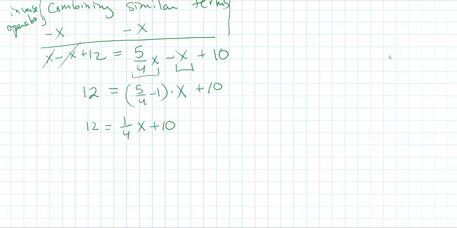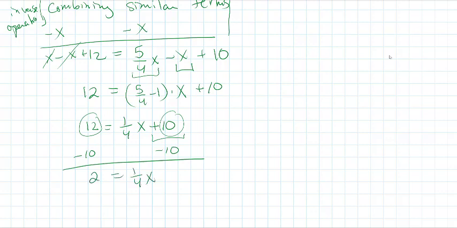Now let's combine the terms that are constant, the 12 and the 10. And in order to do that, we will use the inverse operation to plus 10 by subtracting 10 from both sides. Right? So we use the subtraction property of equalities, and we have 12 minus 10, which is 2 on this side, equals a quarter x plus 0, because the two 10s cancel.